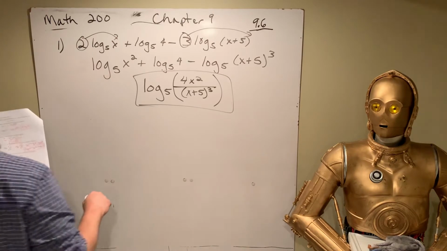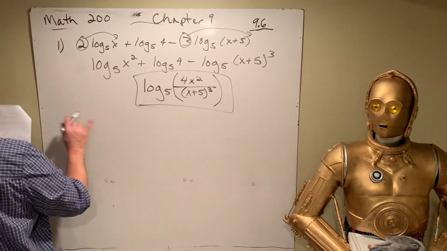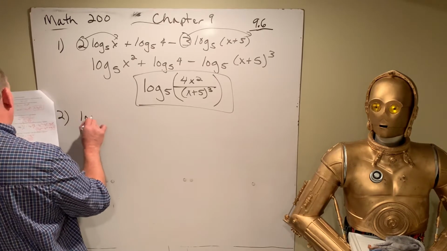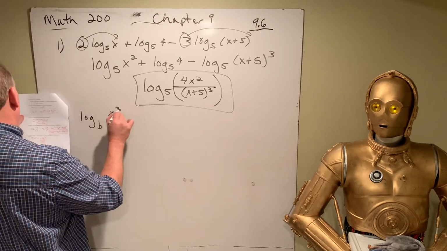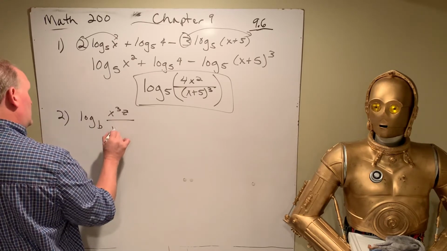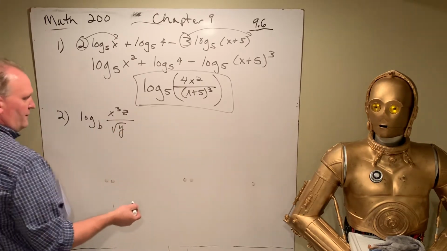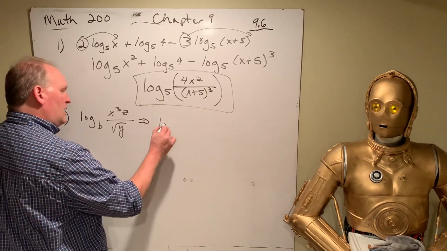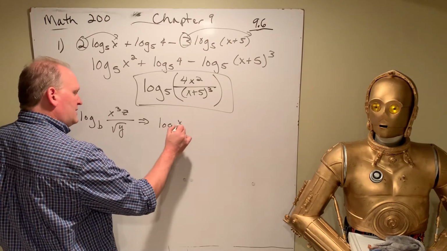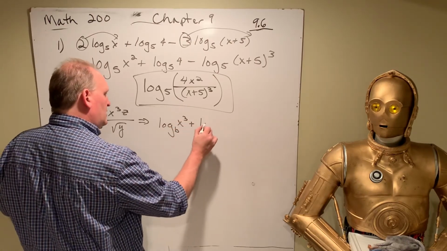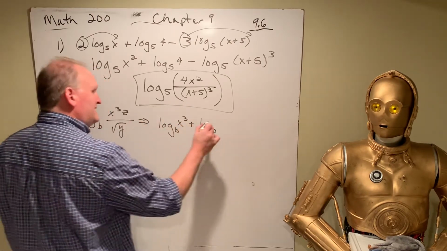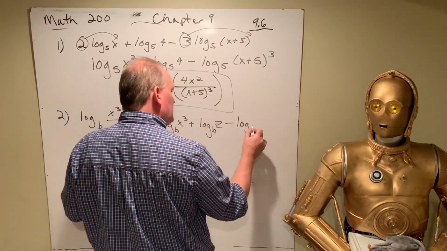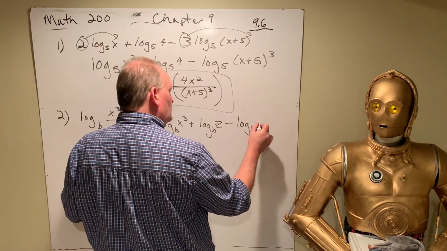What about if I want to write it the longest way possible? I think they call it expanded form. Okay, so first we could write it out as log base b of x to the third plus log base b of z minus log base b of the square root of y.